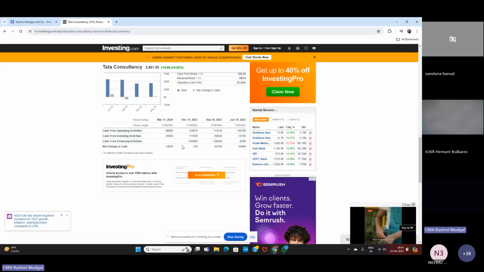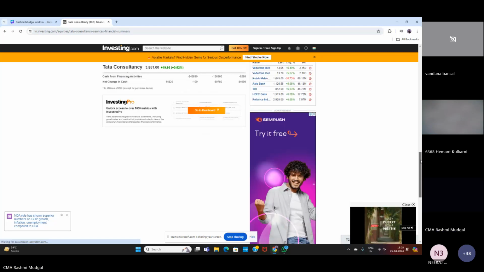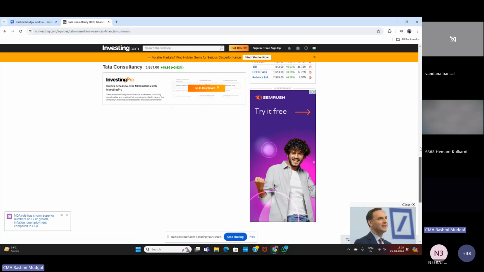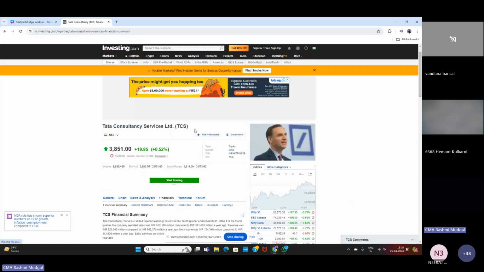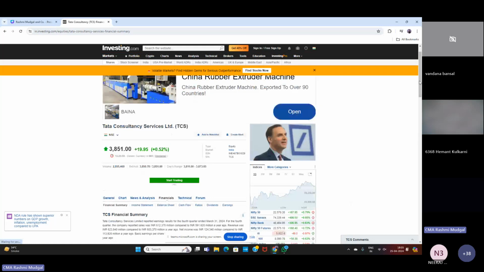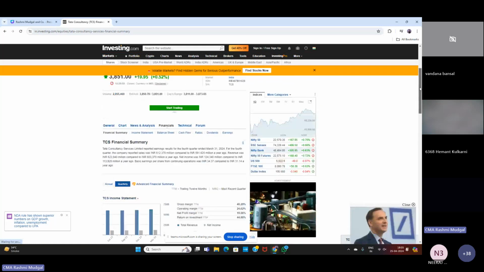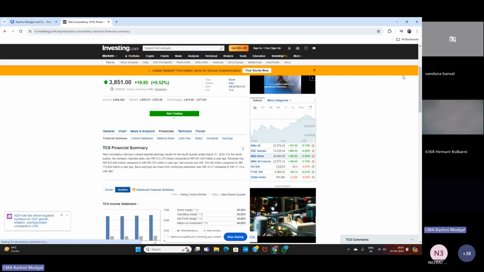So they do have a net cash flow here for the year. We can see there is a huge analysis of Tata Consultancy, and the share price is also increasing because of this. This was a financial data analysis.